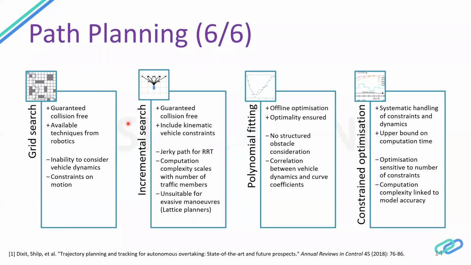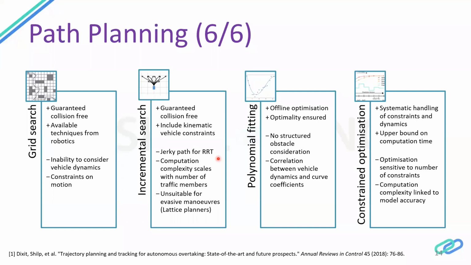Then moving on to incremental search. To summarize, again, we can guarantee collision-free paths, and the new algorithms developed under the RRT techniques can also incorporate the basic kinematic constraints of vehicles. However, some of the shortcomings of these techniques are that the paths developed by the RRTs are generally very jerky, so they are not smooth paths.